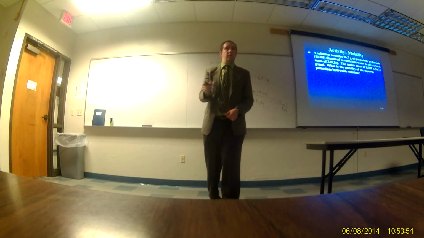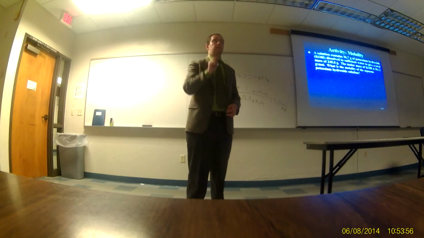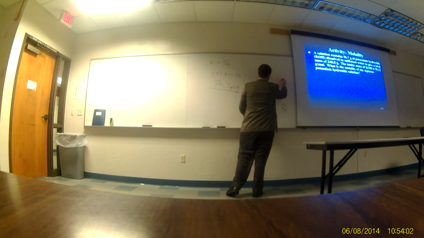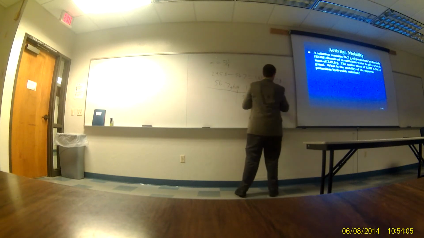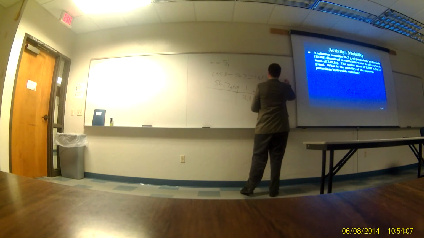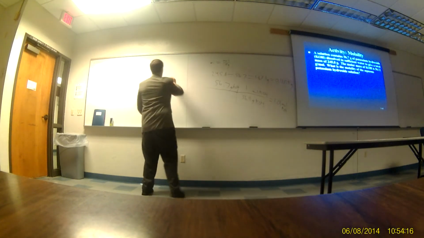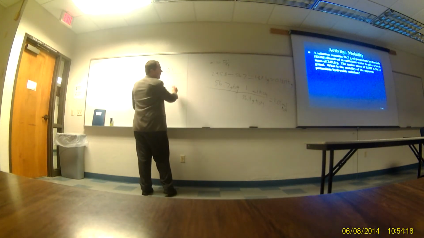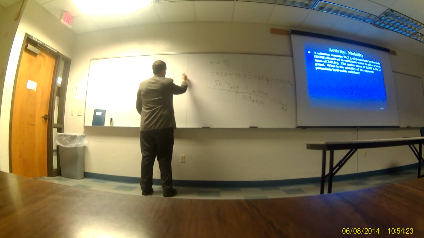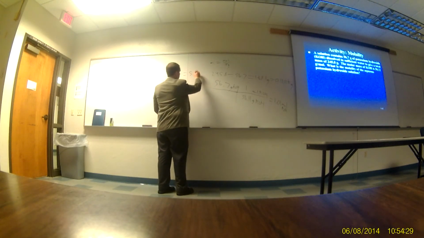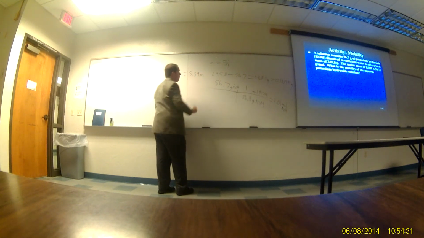We need kilograms. How do we convert that? Divide by 1,000. So 0.1891 kilograms. Now we have moles and kilograms. We just go 1.01 divided by 0.189 equals 5.34 molal.